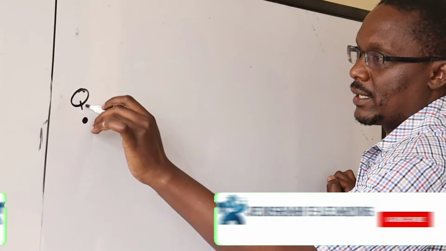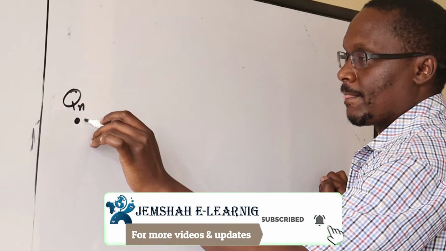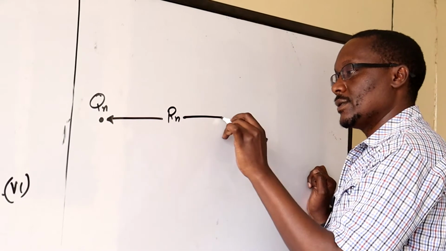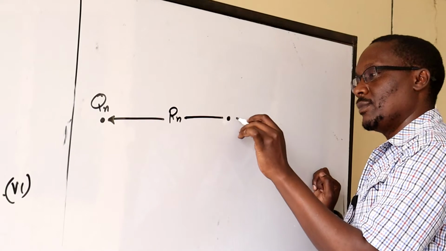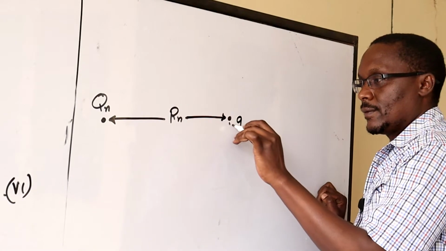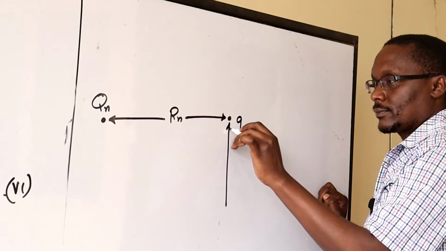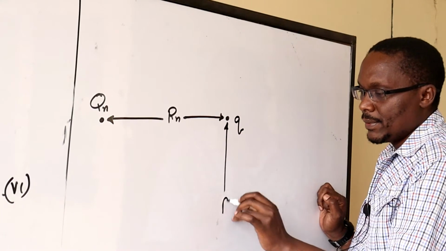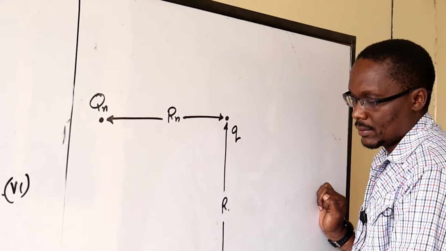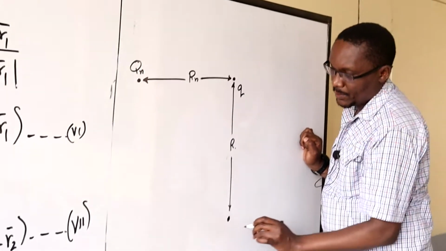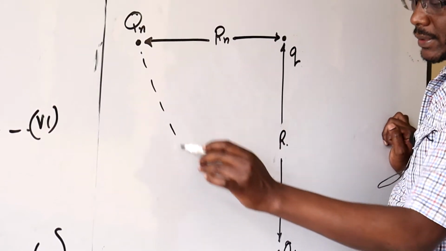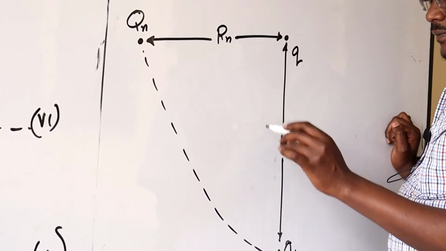Let me say this is a Qn. The distance is Rn, like so, up to some test point, charge Q. Then I also have, probably this is R1, to some test point there, to charge Q1. Let me just do the drawing first. So we have that.